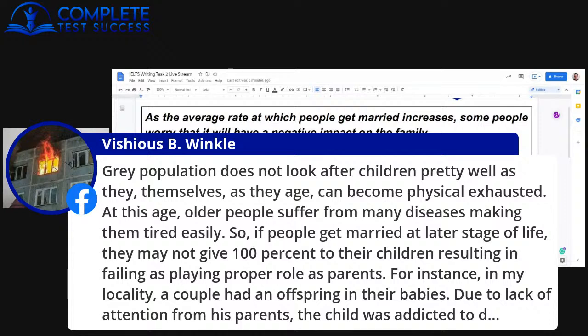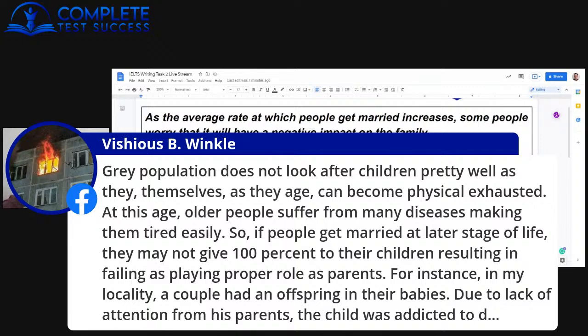"They may not give 100% to their children, resulting in failing as playing a proper role as parents. For instance, in my locality, a couple had an offspring in their babies." This is getting a little bit unclear here because of the language. "Due to lack of attention from his parents, the child was addicted to."